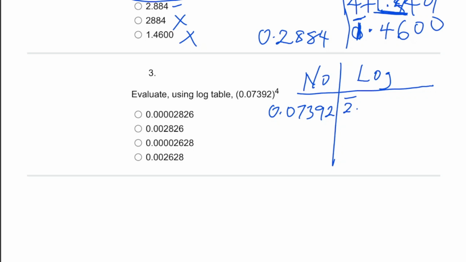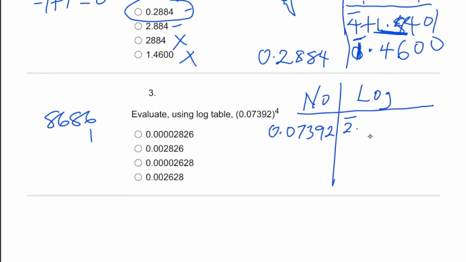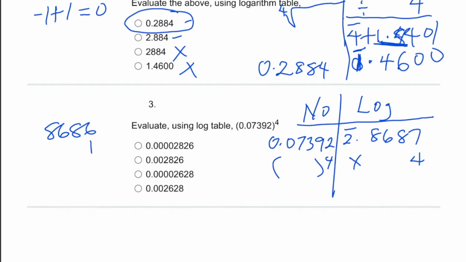Then we check 73 under 2, under 9. 73 under 9. That is 86. Difference 2 is 1. That would be 86, 87. Then what we have is roots raised to the power 4, so that is going to be multiplied by 4. So we then have this.